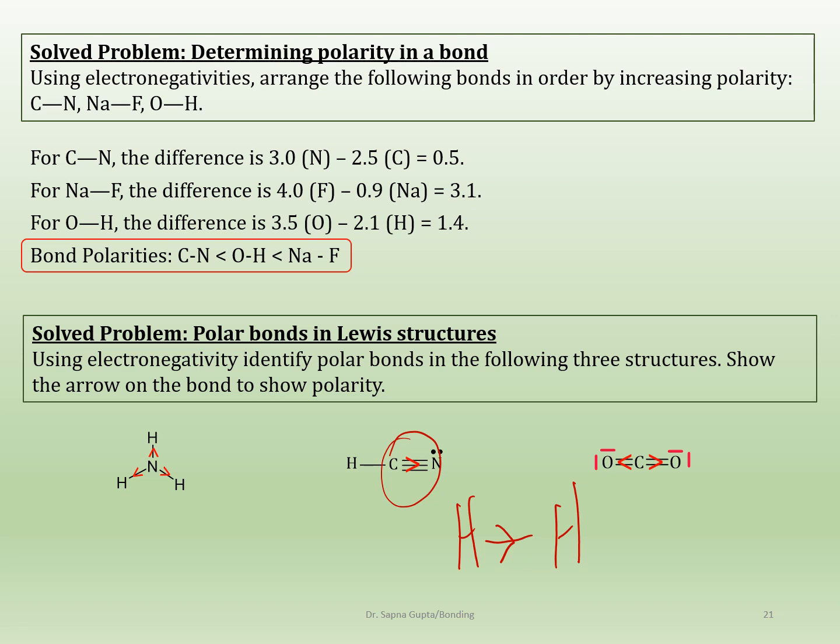Here, this actually should be going on this side. This is opposite. Nitrogen should be pulling electrons towards itself, and then nitrogen is pulling electrons over here, and then oxygen is pulling electrons towards its side. That's how you would show which element is pulling more electrons in a polar bond.